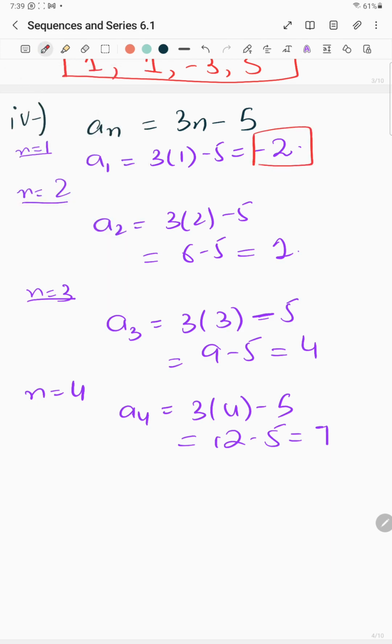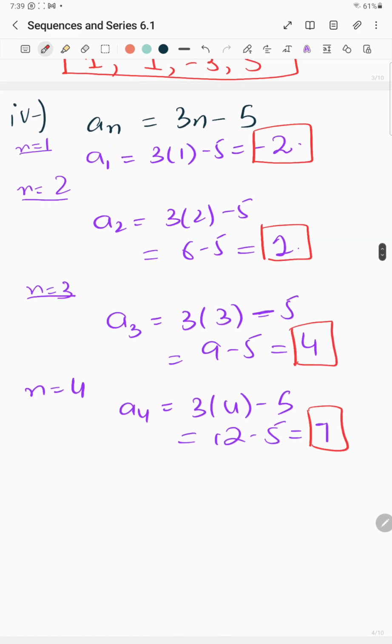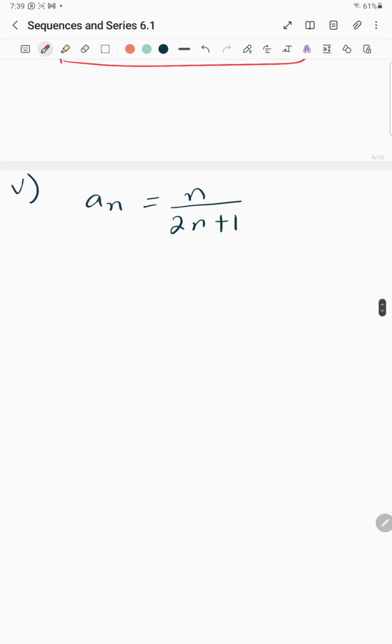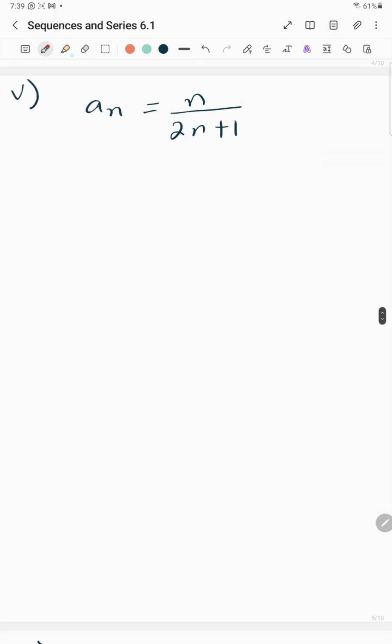So the sequence that we have generated is minus 2, 1, 4 and 7, because the question says us to generate the first 4 terms of the sequence, so therefore we are working for the first 4 terms. Minus 2, 1, 4 and 7.